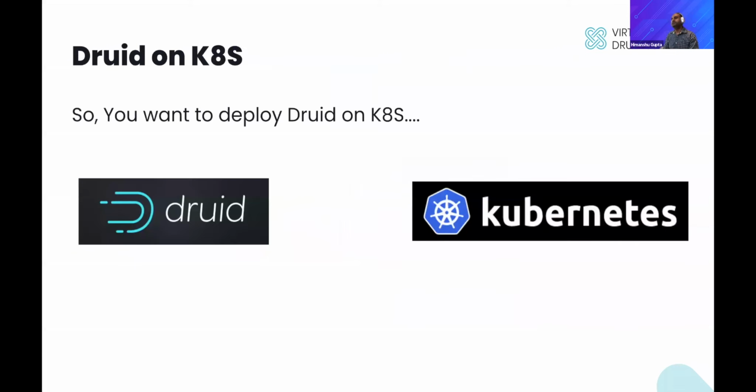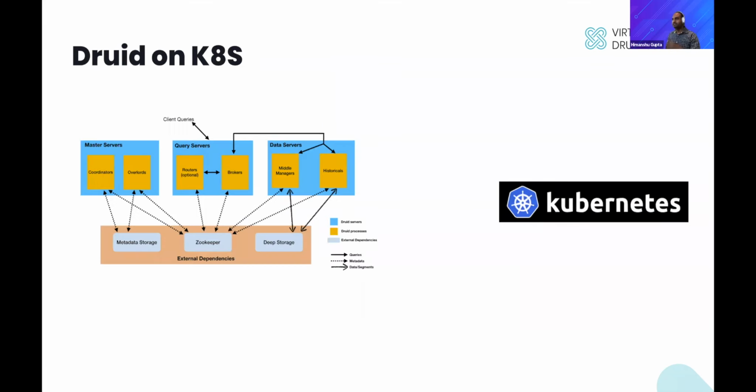Now we come to the part where you want to deploy Druid on Kubernetes. When we want to deploy Druid on Kubernetes, this is the picture that comes to our mind. But the reality is this: there's Kubernetes, and we are not deploying one web application, we are deploying this whole big thing. So of course we want to be able to deploy all the Druid nodes that we see on top. Typically, at least in my experience, we don't deploy metadata storage and deep storage on Kubernetes.